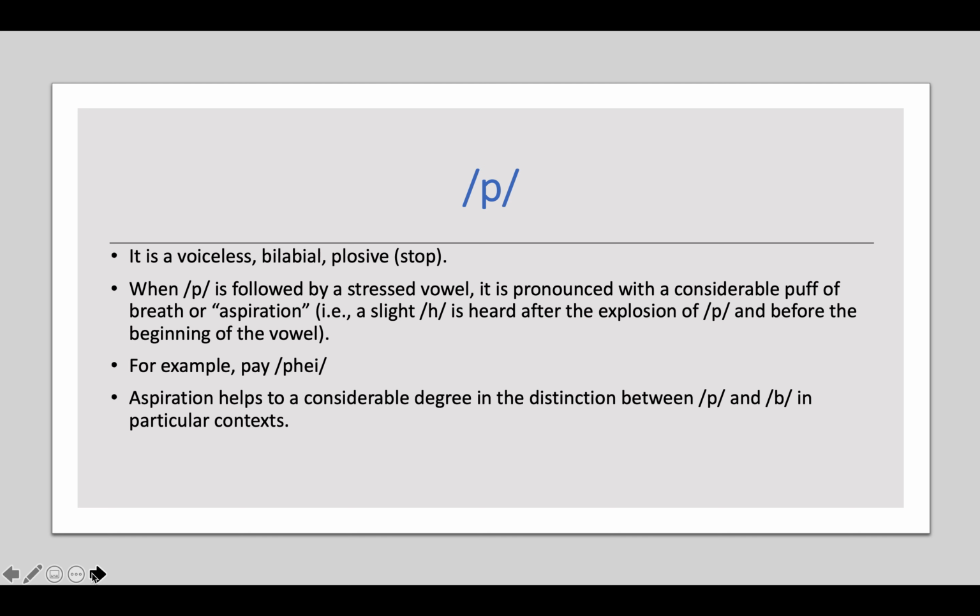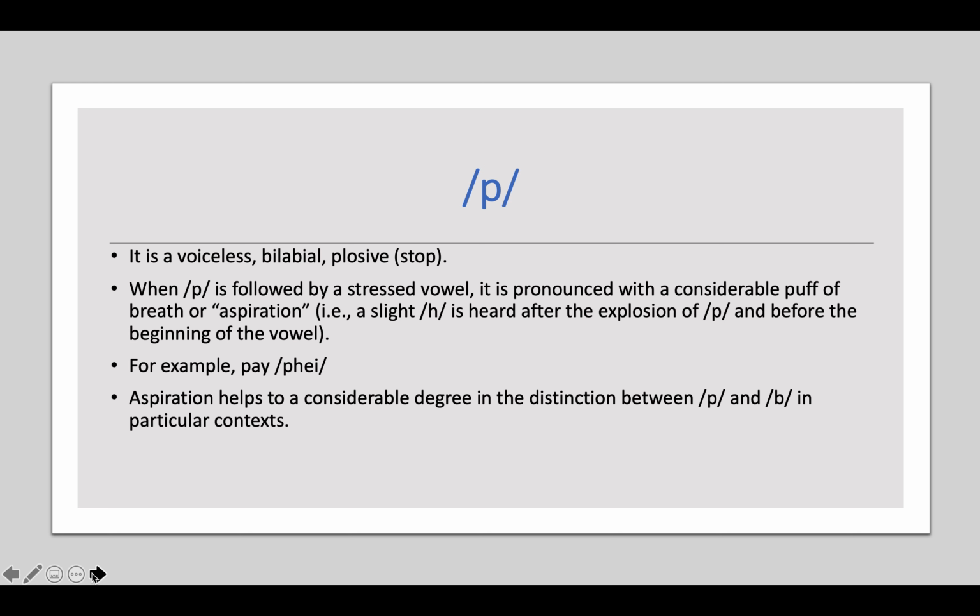When p is followed by a stressed vowel, it is pronounced with a considerable puff of breath, or aspiration. So what's the meaning of aspiration? A slight h is heard after the explosion of p and before the beginning of the vowel.